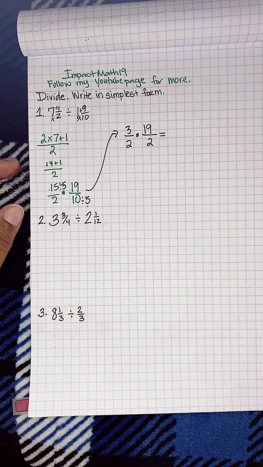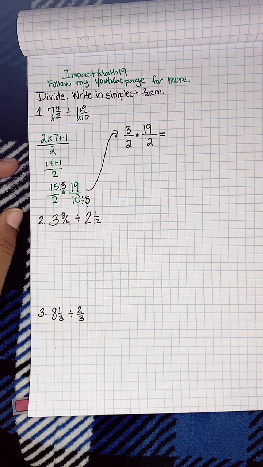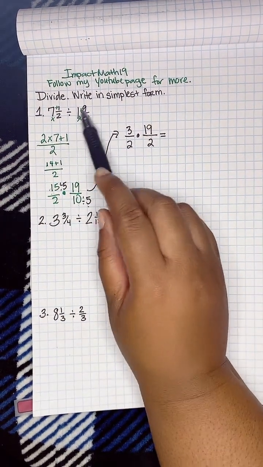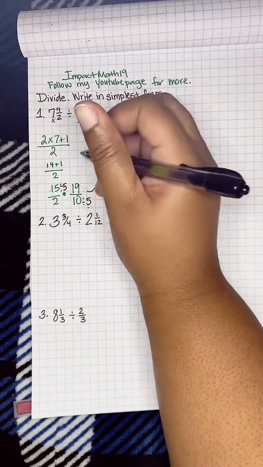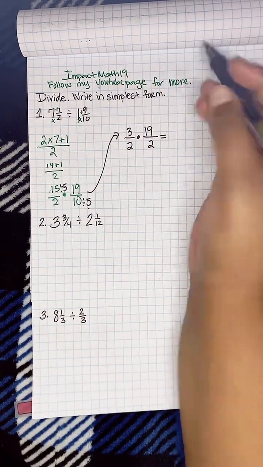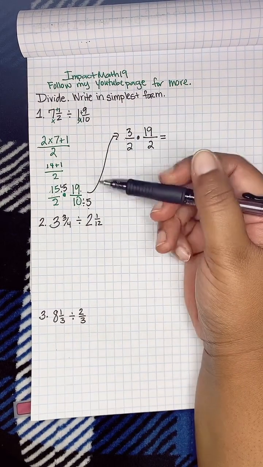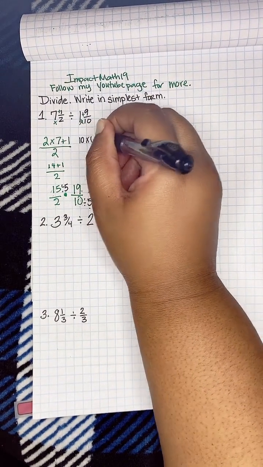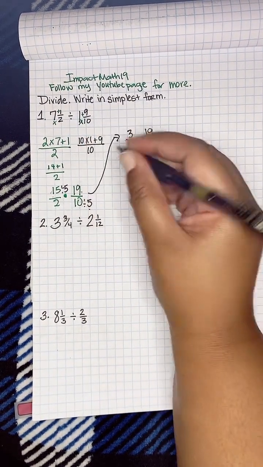Okay. Oh, wait. I think I'm messing up. Yeah, we didn't flip this. Oh, I'm messing us up for real. We never flipped. Did we flip it? Wait. Okay, so I have to do 10 times 1 plus 9. I don't think I flipped it, you guys.